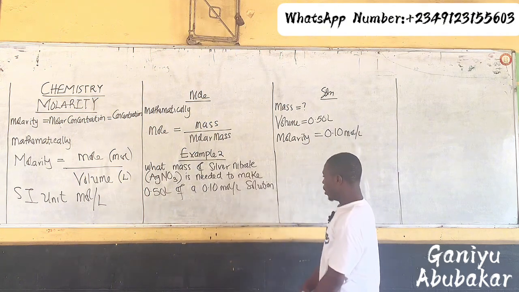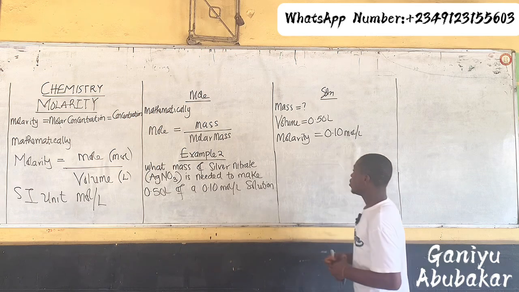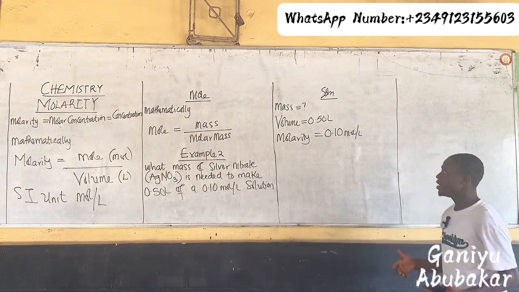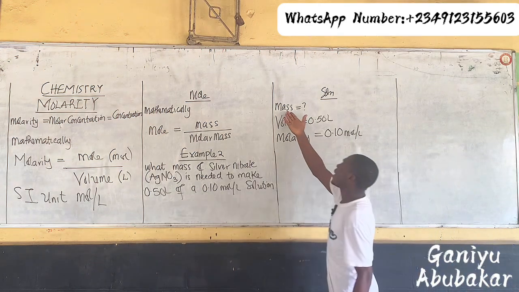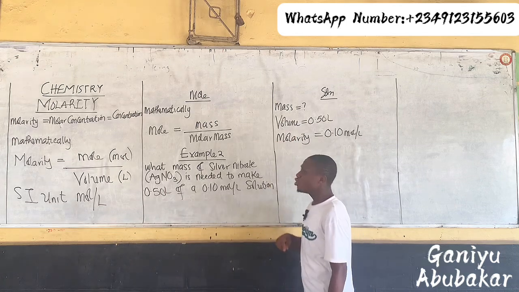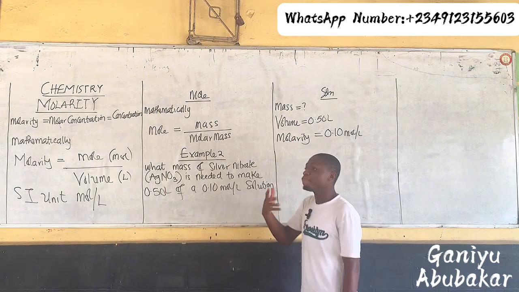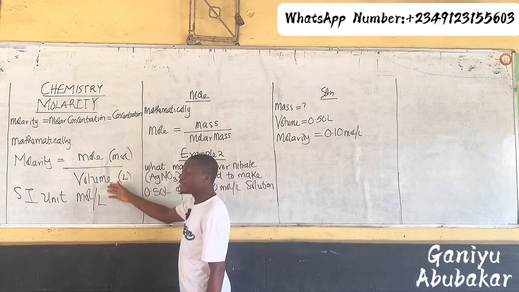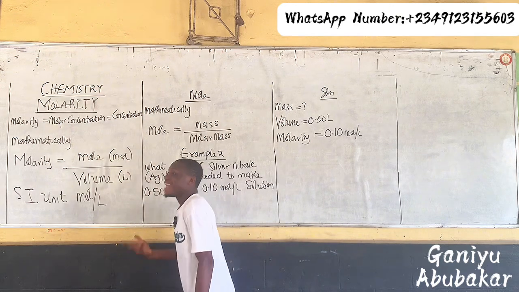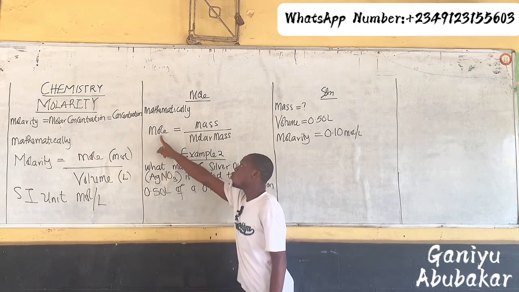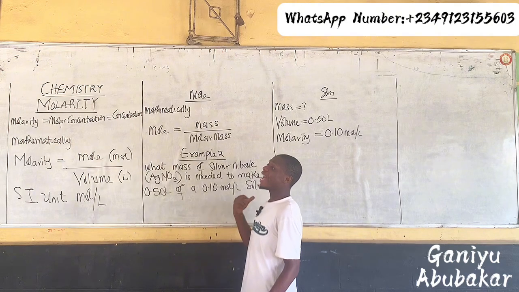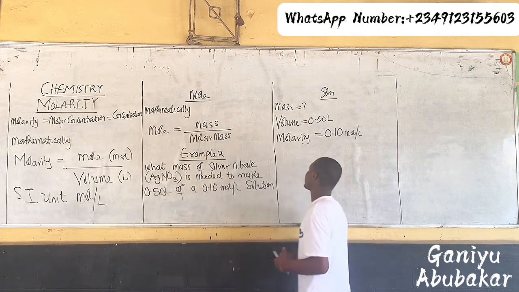All right, so let's get mass. To get mass, observe that mass does not exist in the formula for molarity. I can't see mass here, but mass exists in the concept of the mole. So I have to find mole first.